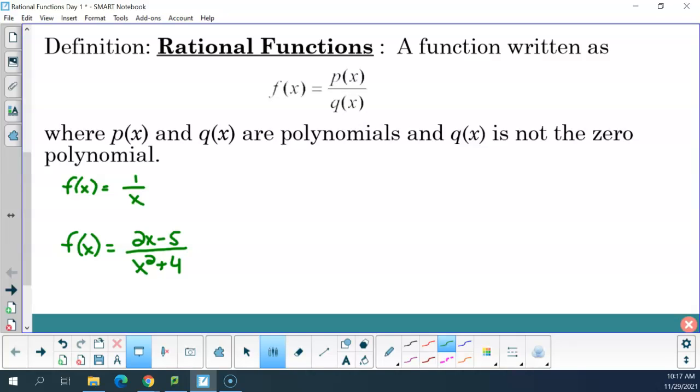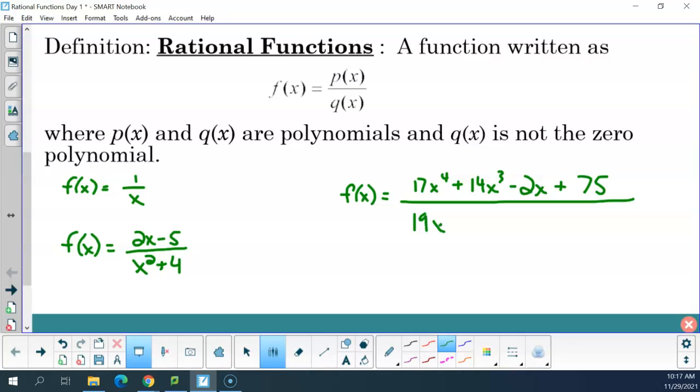It may look just flat out ugly. But all of those are rational functions.